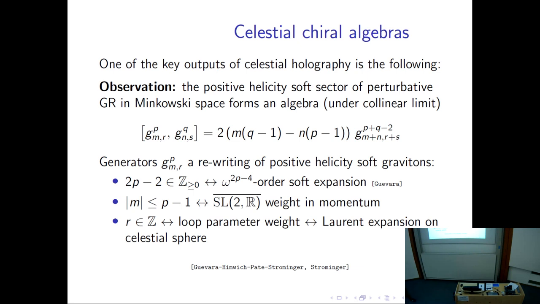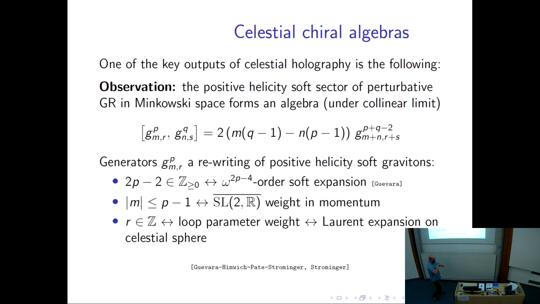And again, Laura has done a great job of setting the groundwork for me here, so I'll be slightly sketchy about this. But the key observation is that if you take the positive helicity soft sector of general relativity, and what do I mean by this?